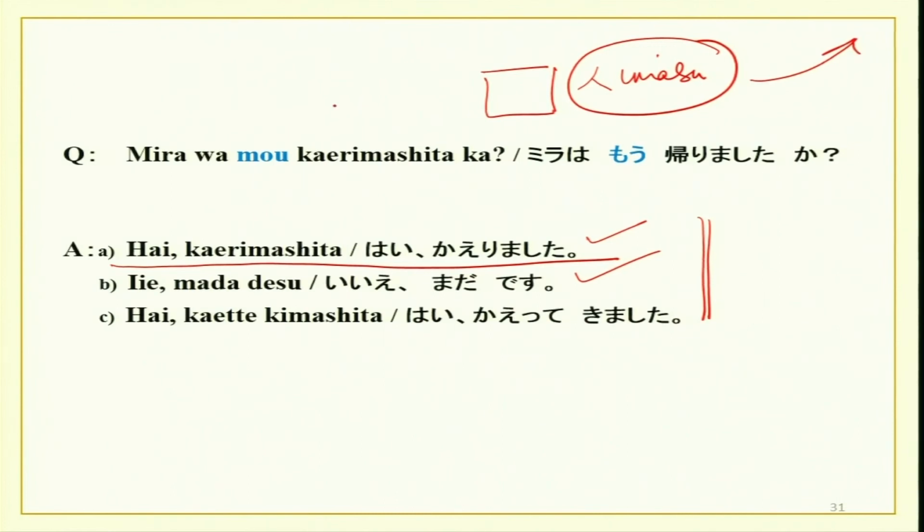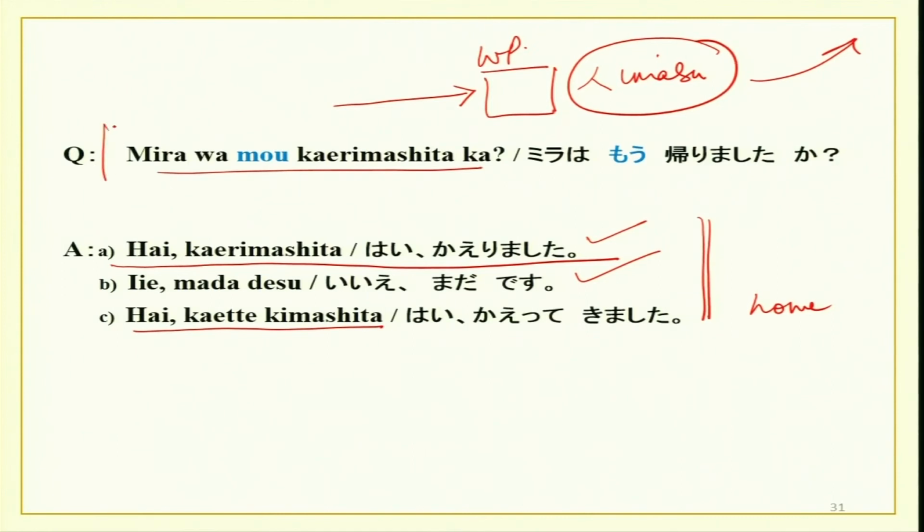Okay? And the question is asked over here, workplace or where she is studying, maybe at the park, gakko, office, kaisha, anywhere. When you say hai kaette kimashita, definitely this is home. Oto-san is asking or oka-san is asking, Mira wa mo kairimashita ka? Has she returned?